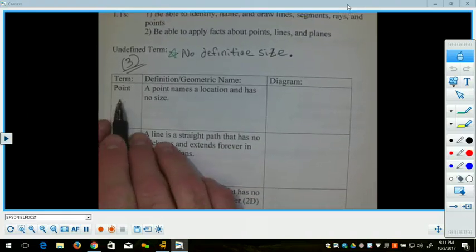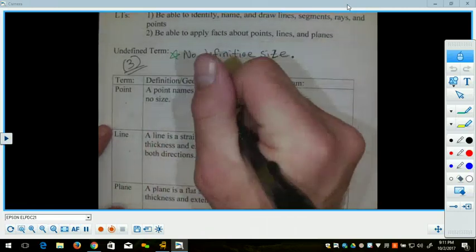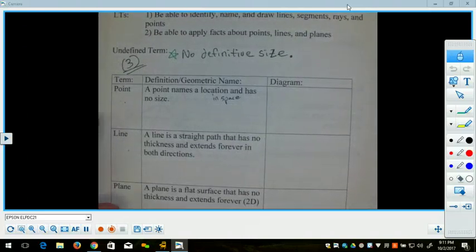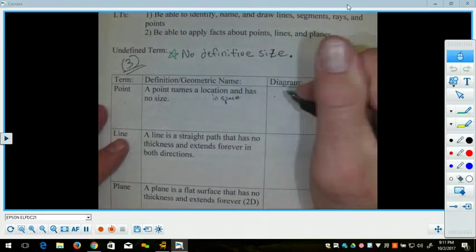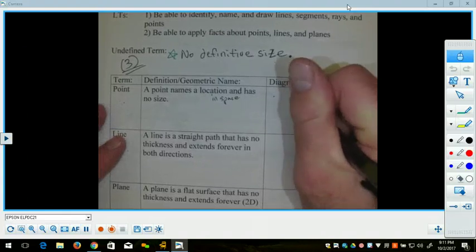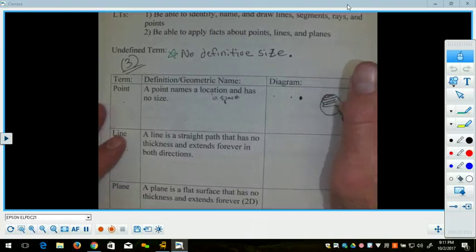The reason that a point is undefined is because a point names a location in space and has no size. So a point could be as small as the tip of a pin. It could be as large as the period at the end of a sentence, as large as this dot, as big as this circle.